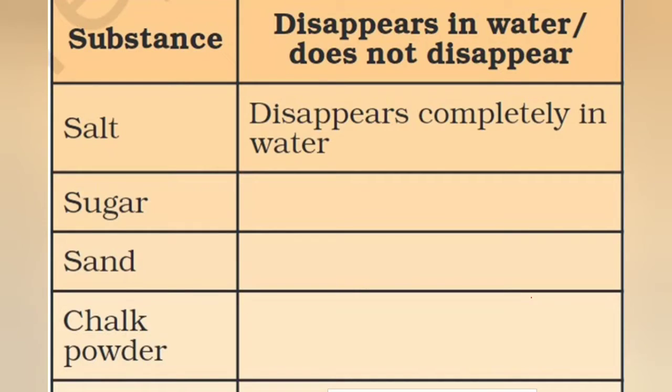Now here we have some substances, and we need to tell whether they are soluble or not. Sugar disappears completely in the water, so this is soluble. Sand does not disappear in the water, so this is insoluble.